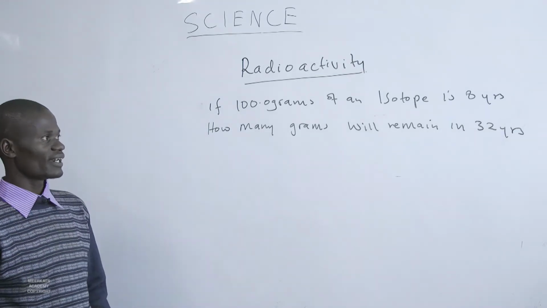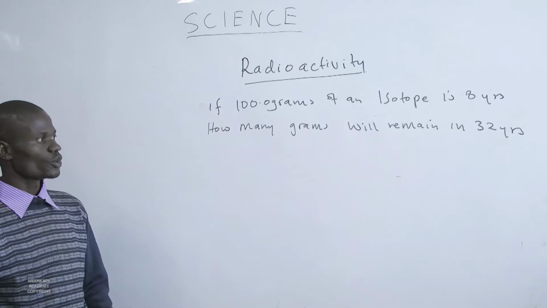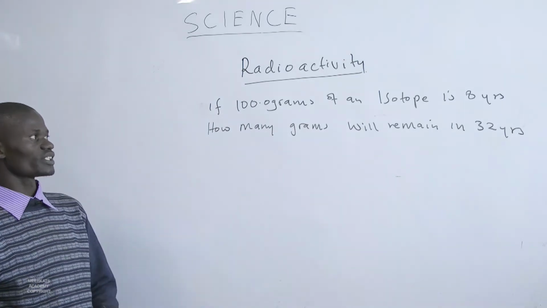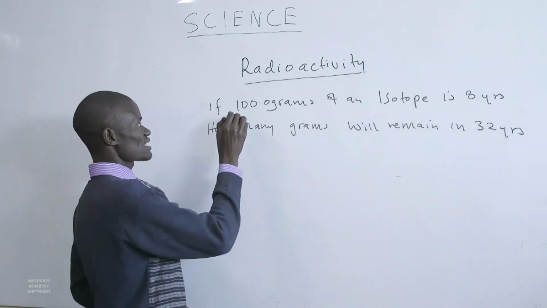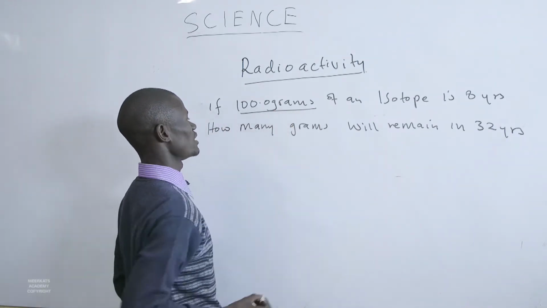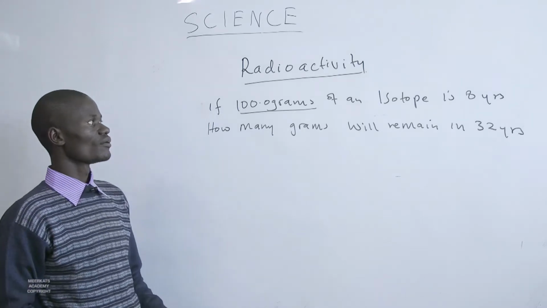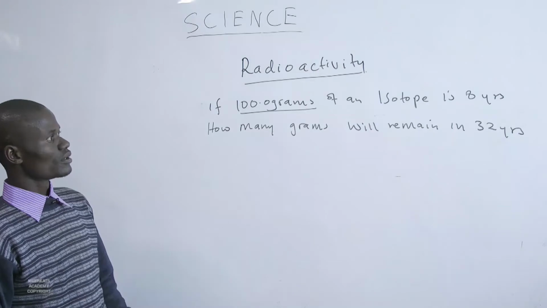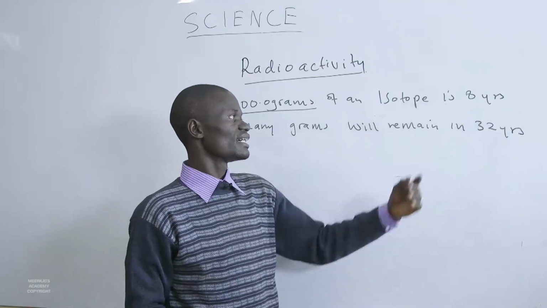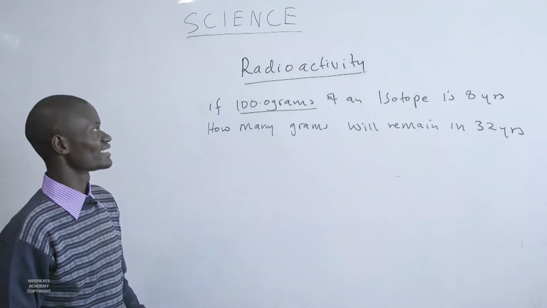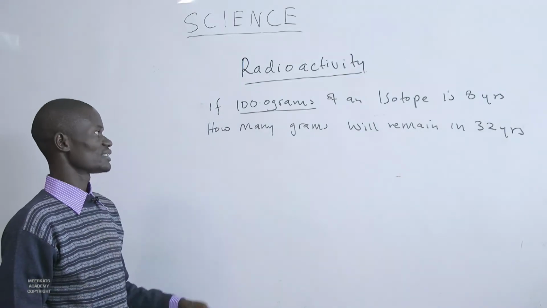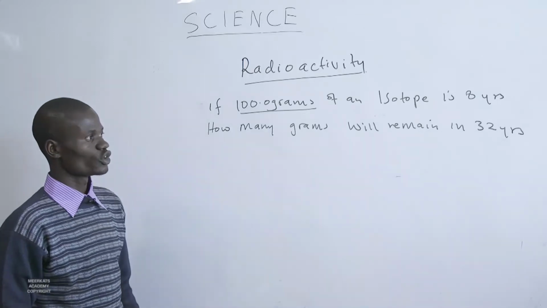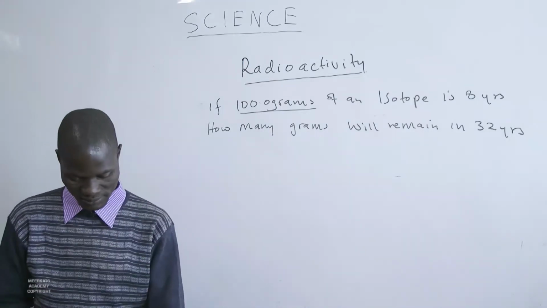Simply, we have been given two periods here. We have a period of 8 and also 32 years. Therefore, they are asking us the reduction, the half-life of a given isotope that had 8 years, and how many grams will remain if it continues to take 32 years.